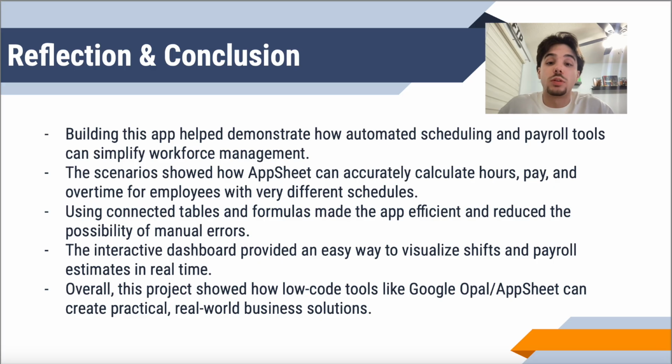I would also implement more advanced labor cost reports for managers so they can see the total payroll expense for a week or a month, along with charts that show trends over time. These improvements would make the app function more like a full workplace management system, but for now, it's an ongoing process.